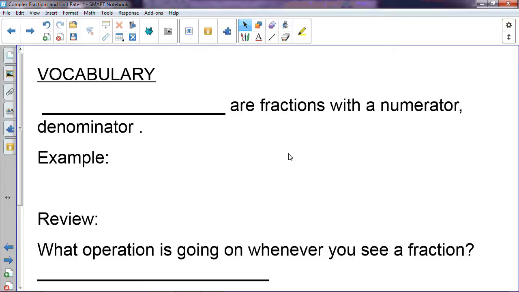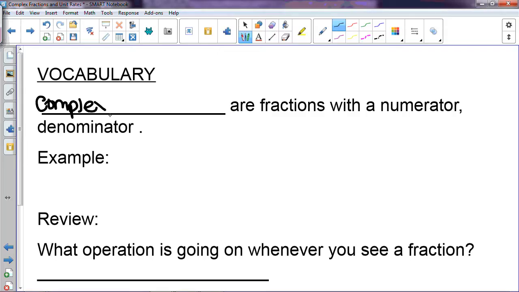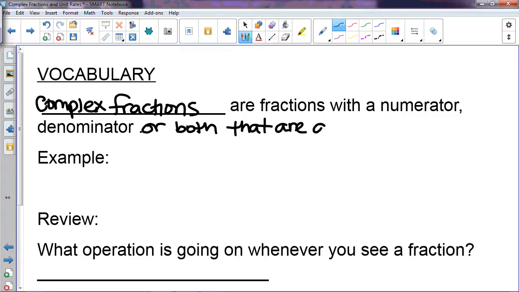Okay, so first things first, I left a little part out here, so we'll have a little writing. Complex fractions are fractions with a numerator, denominator, or both that are also fractions.